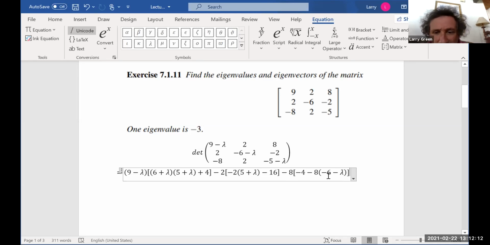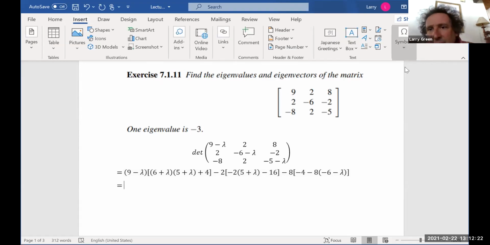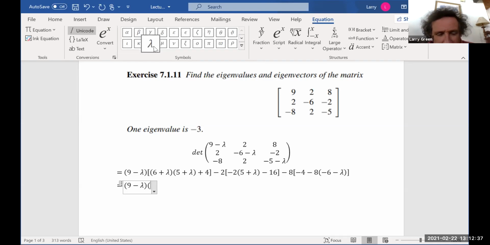Okay, so let's clean up. So let's go back, insert math. All right, so we have 9 minus lambda, and times, now let's work this out. You get lambda squared. This is pretty messy.